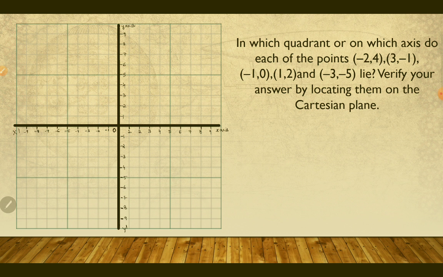So x is minus 2, y is 4. 3, minus 1. Minus 3 comma minus 5. Minus 1 comma 0. And 1 comma 2.